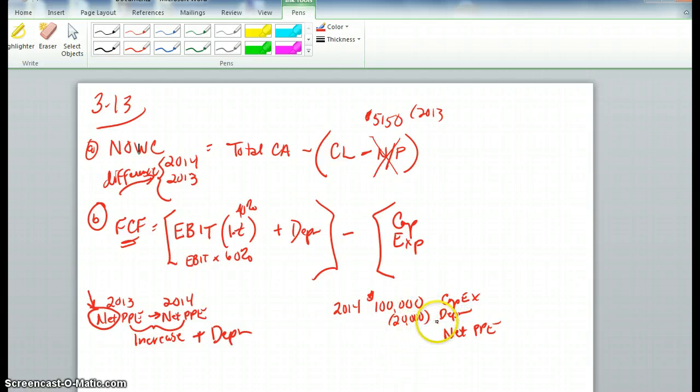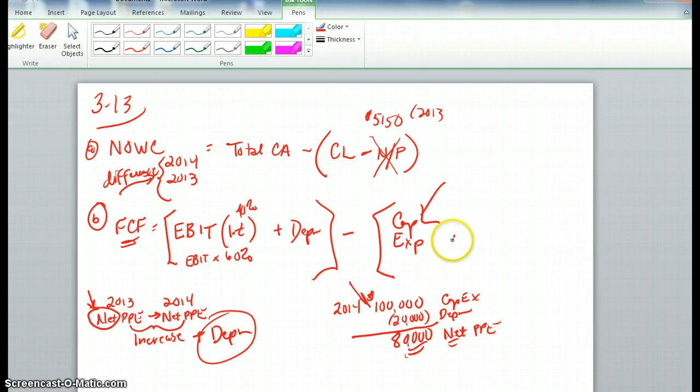I depreciated $20,000, so my equipment had a net book value of $80,000, and that's not actually what I spent. I actually spent $100,000, so that's why you're going to add back in depreciation to get to capital expenditures.